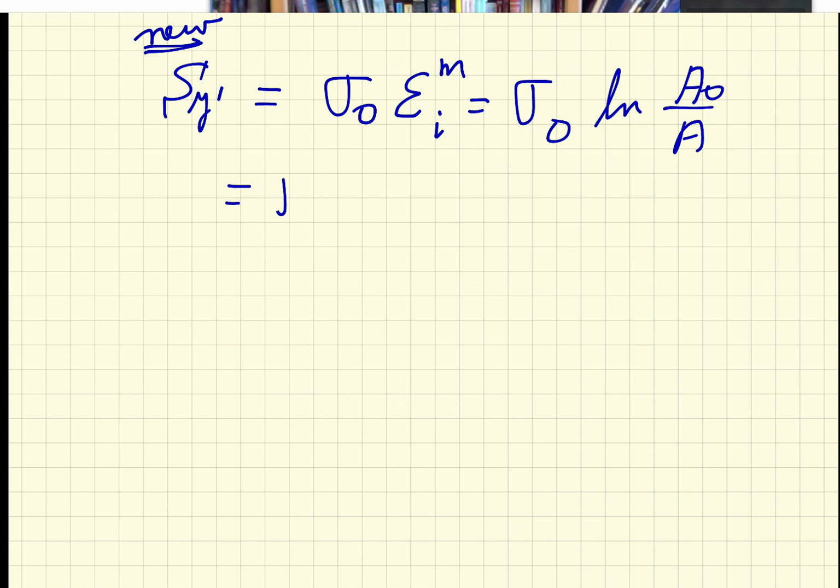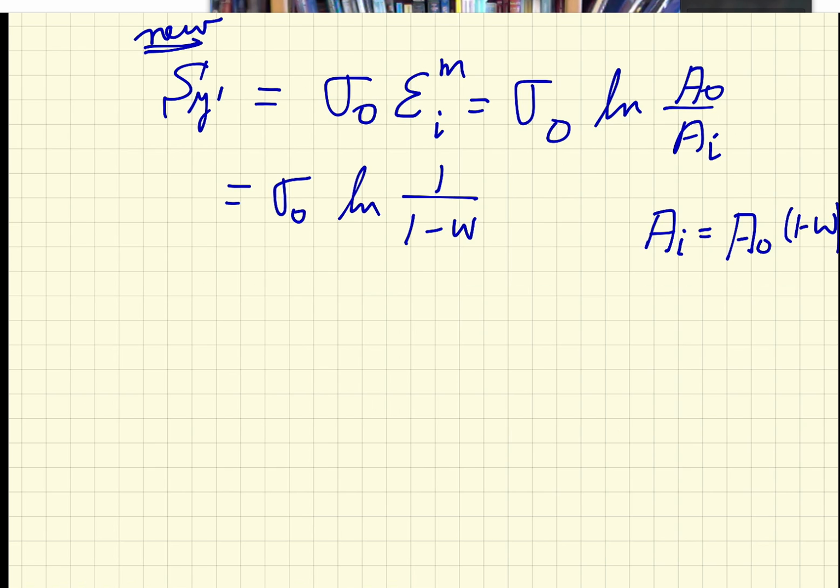So I can write this sigma 0 ln A0 divided by A, and A at this point is A sub I, exactly at this point I. So I can write it ln of 1 over 1 minus W, because we know that A sub I is equal to A0 times 1 minus W. We have concluded this from the definition of the work hardening factor.